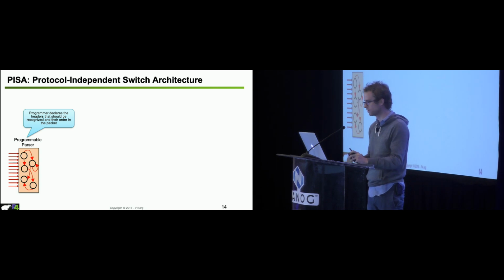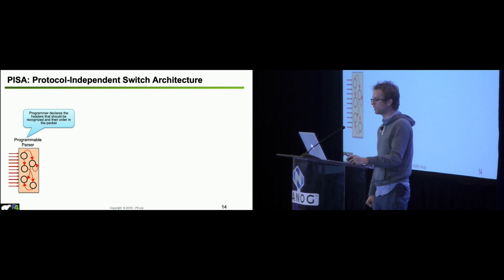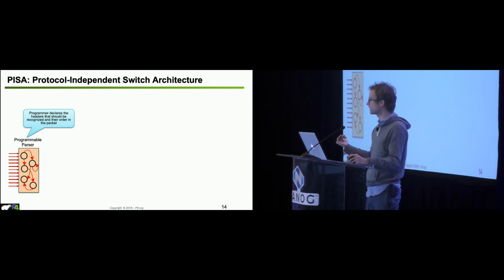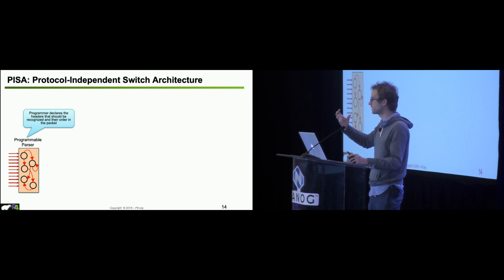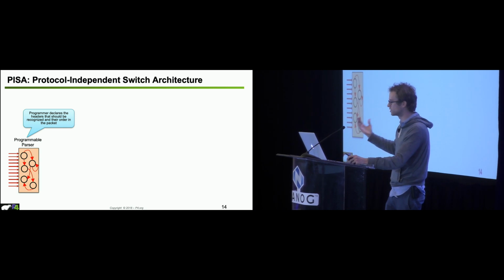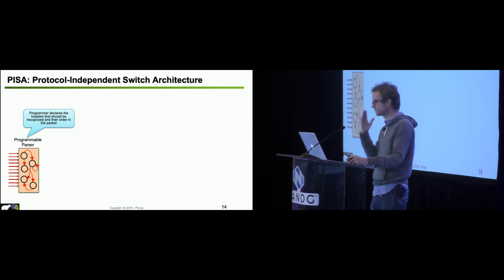I'm going to give a very simple example. If you know that your program is only going to be processing Ethernet packets, the entry point in your programmable parser is going to be an initial state which extracts 14 bytes from the packet: 6 bytes of DMAC, 6 bytes of SMAC, and 2 bytes of Ether type.